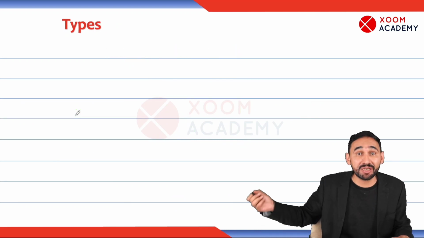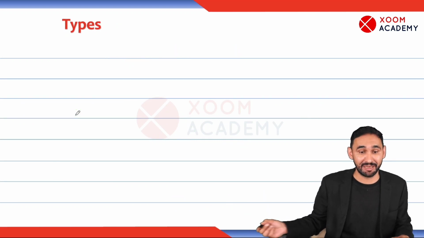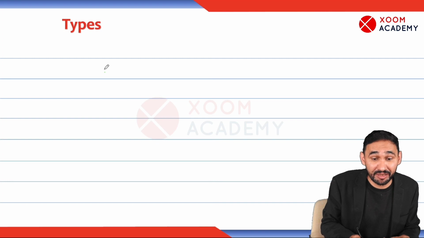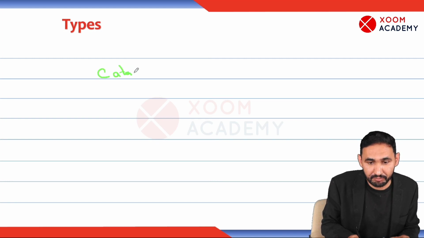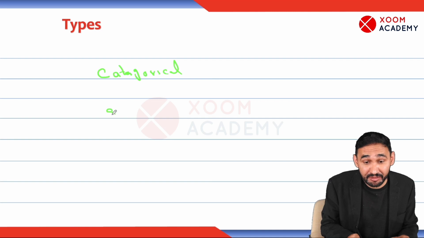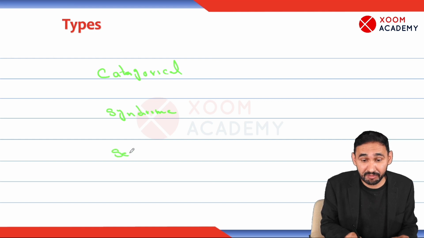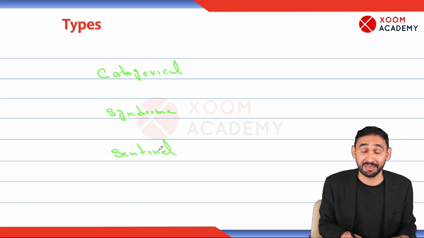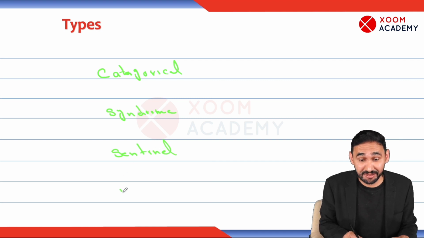So what are various types of surveillance? There is categorical surveillance, syndrome surveillance, sentinel surveillance, and risk surveillance.